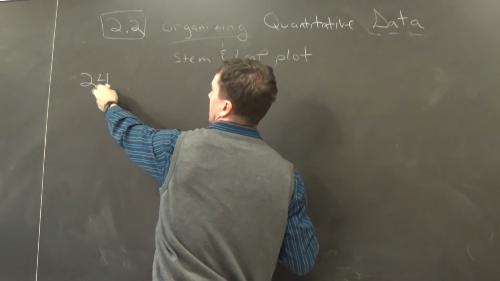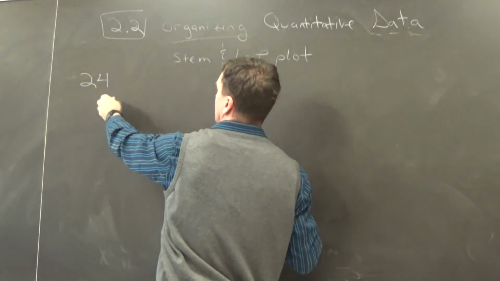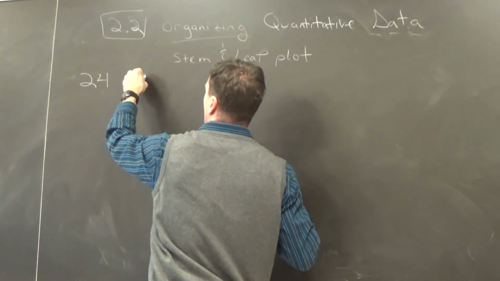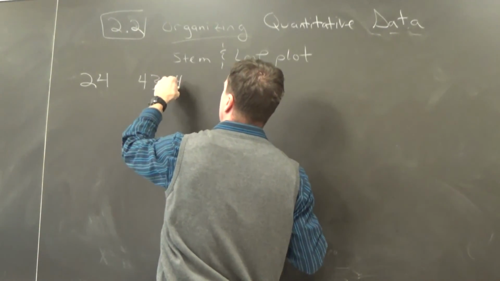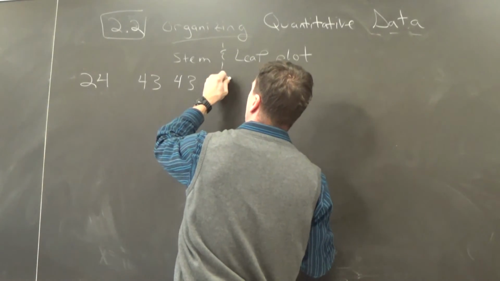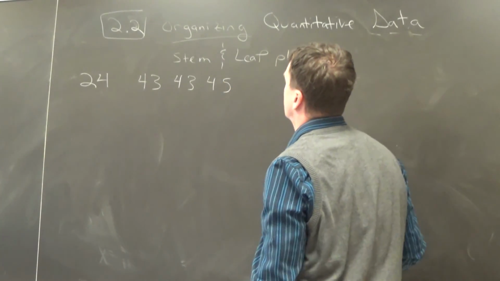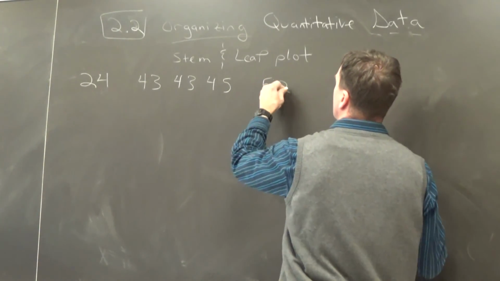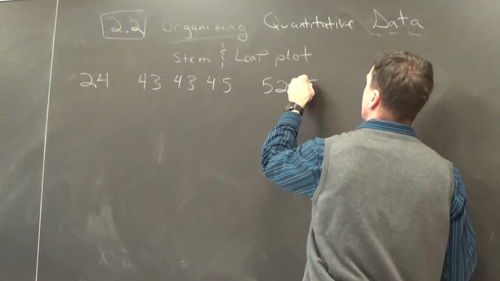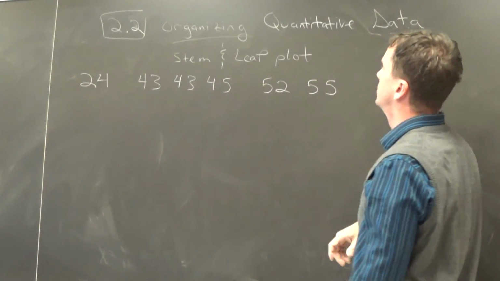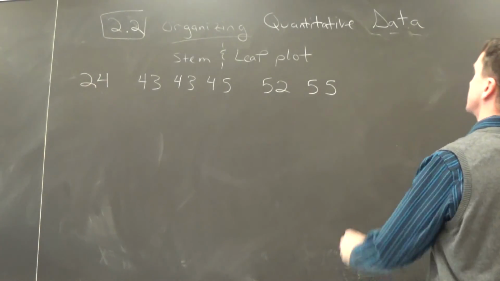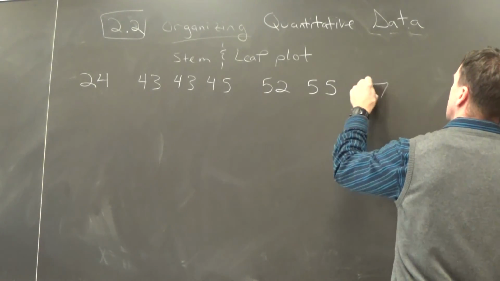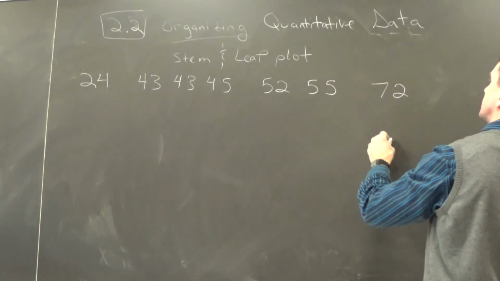They had to shovel a lot of snow, so they were ready for that. 24, and then there was a 43, 43, 45. All right, and then there was a 52, a 55, 1, 2, 3, 4, 5, 6, 70.